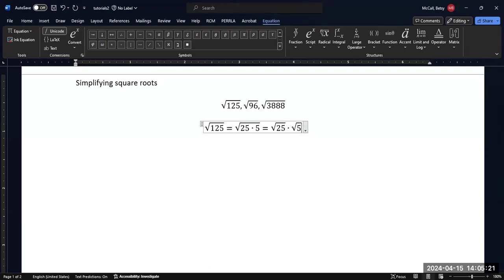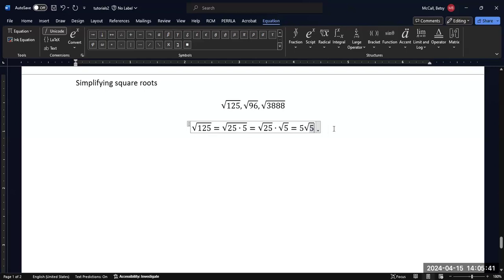And then we can apply the square root to the perfect square factor. That'll give us 5 for the square root of 25, and it'll leave the 5 that's still under the radical, that is not a perfect square. And so instead of the square root of 125, we have 5 radical 5.